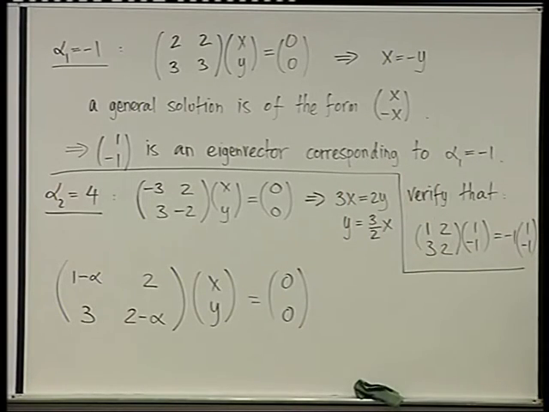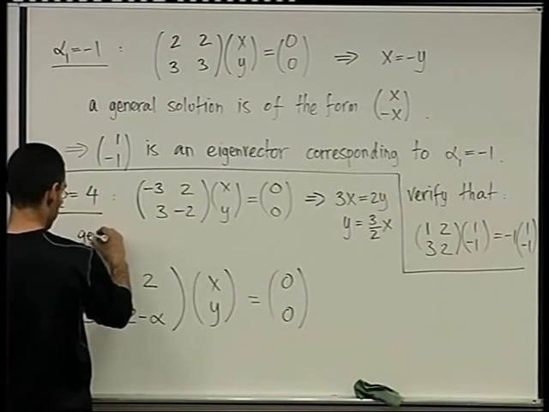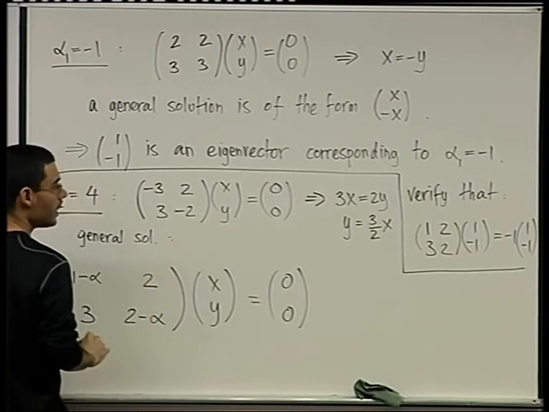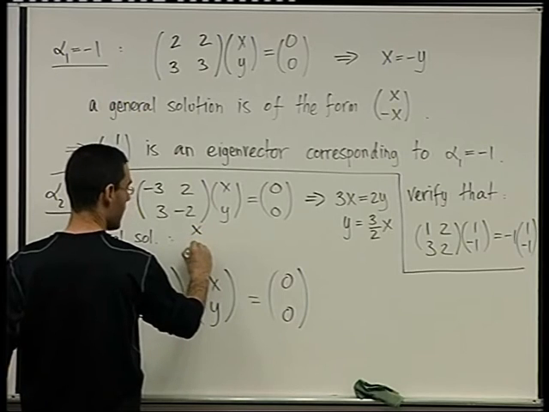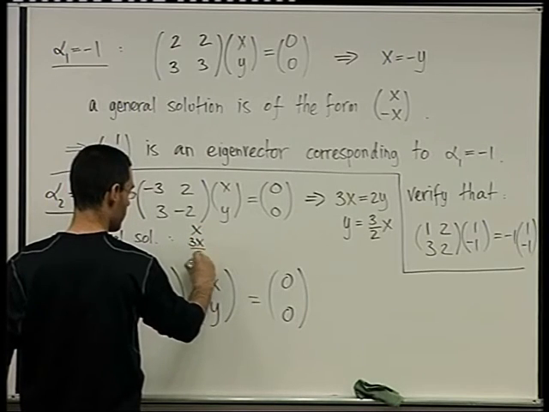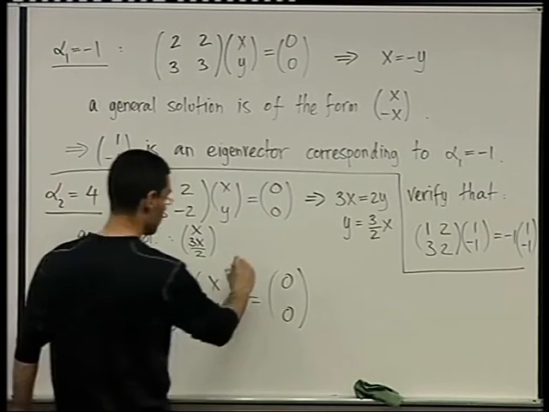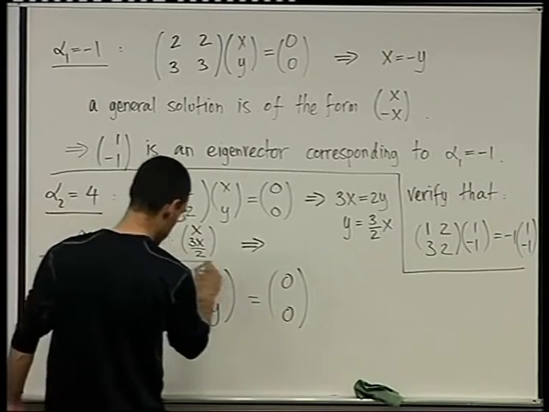Do you agree? Okay. So a general solution is of the form x and 3x over 2. That's what a general solution looks like. And therefore, I'm trying to leave this on the board.